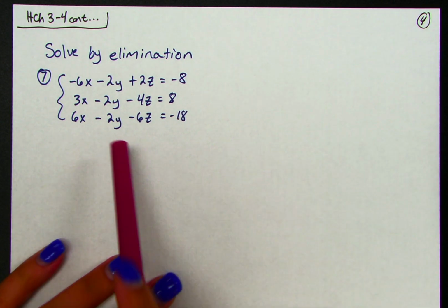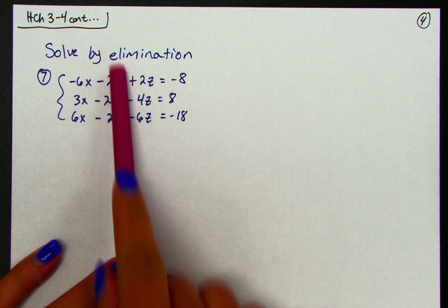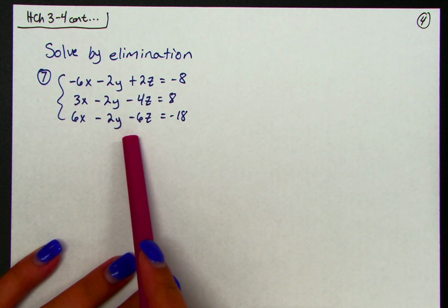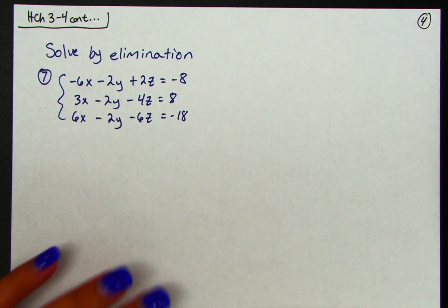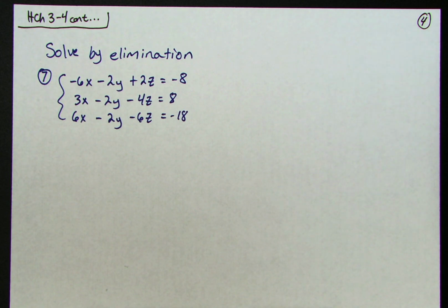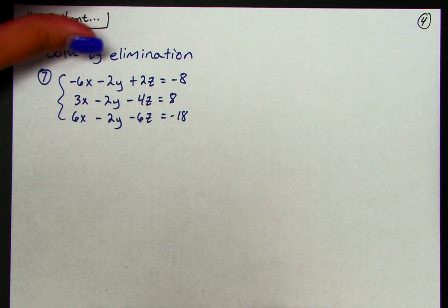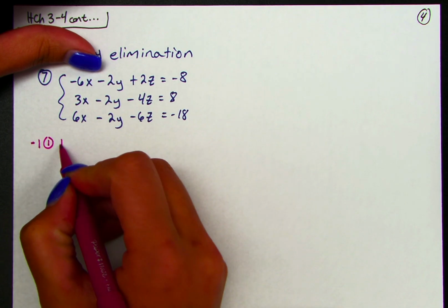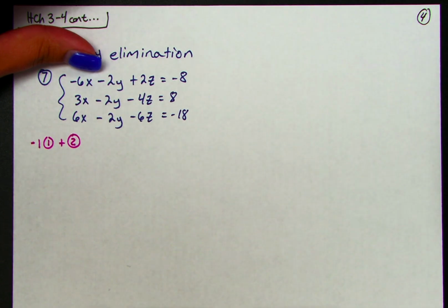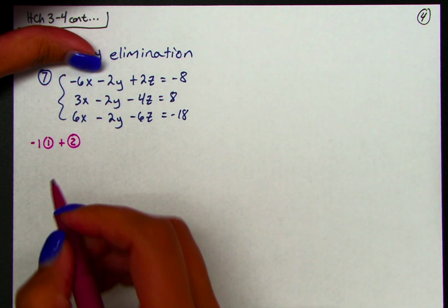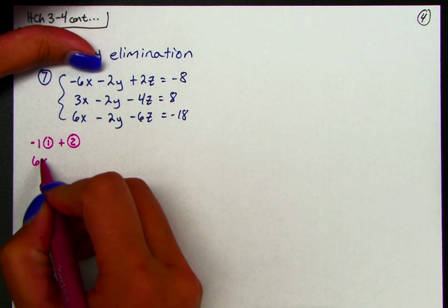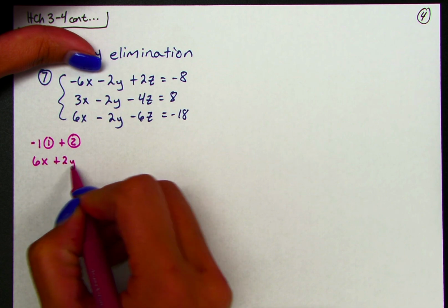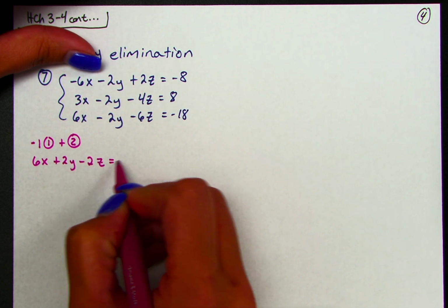Looking at this, I'm going to choose to eliminate the y's because I only would have to multiply one of the equations in both sets by a -1. So I'm going to take -1 times equation 1 and then add it to equation 2. In equation 1, all the signs are going to flip, so 6x plus 2y minus 2z equals 8.